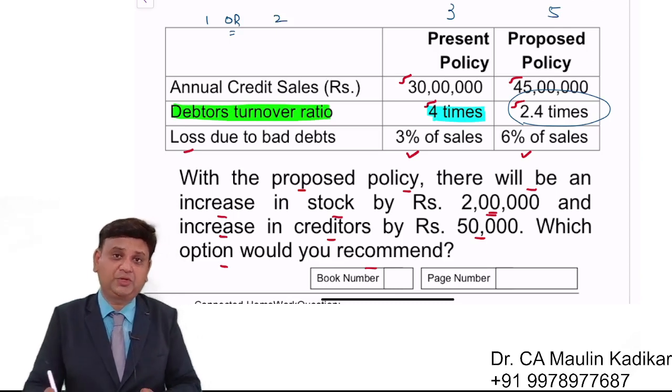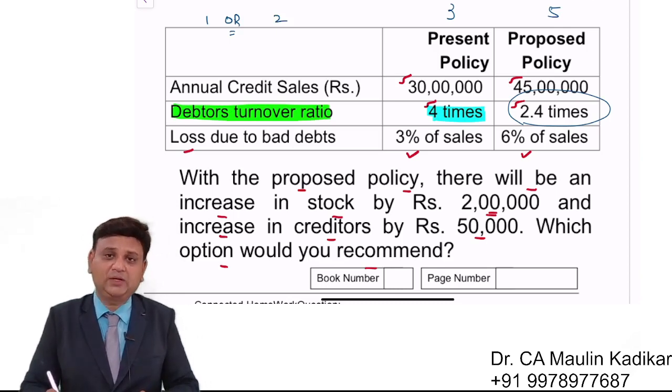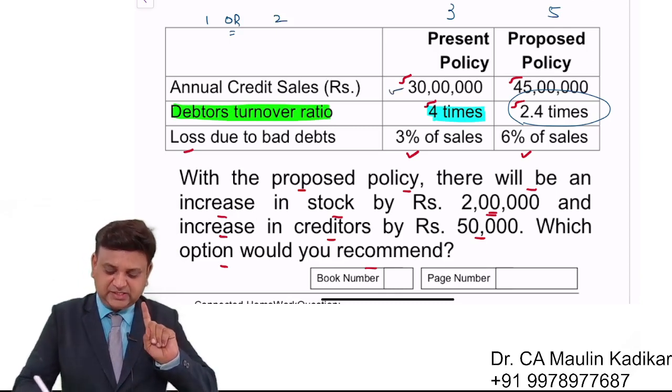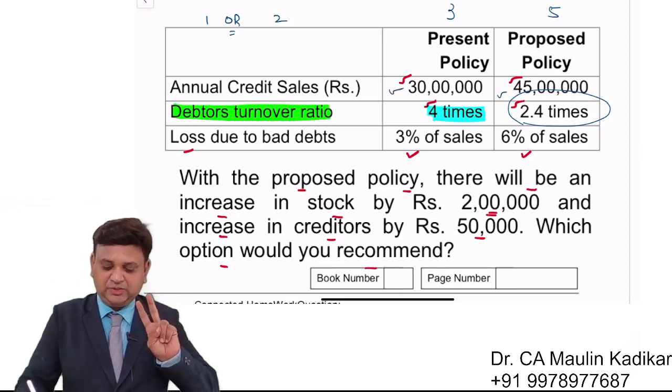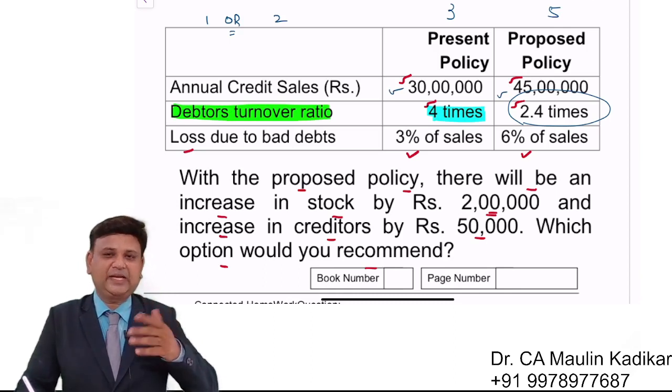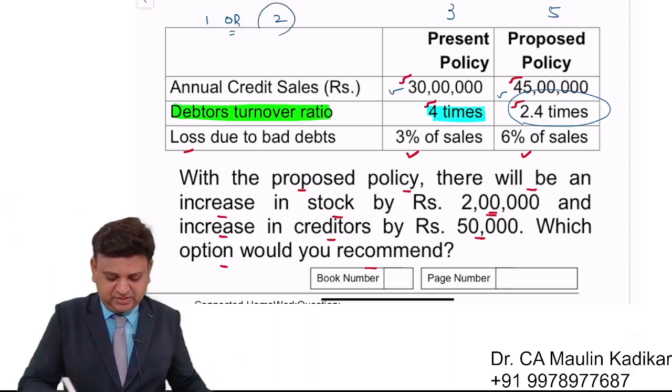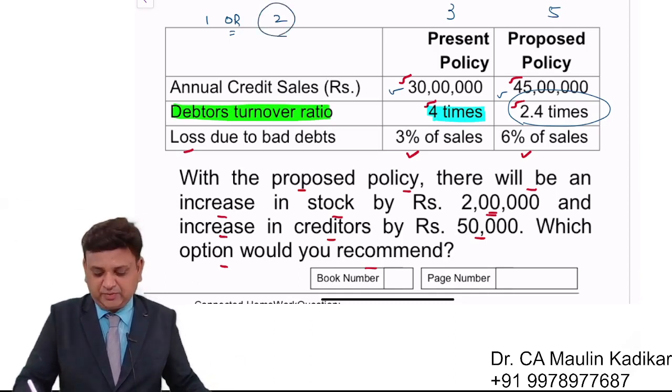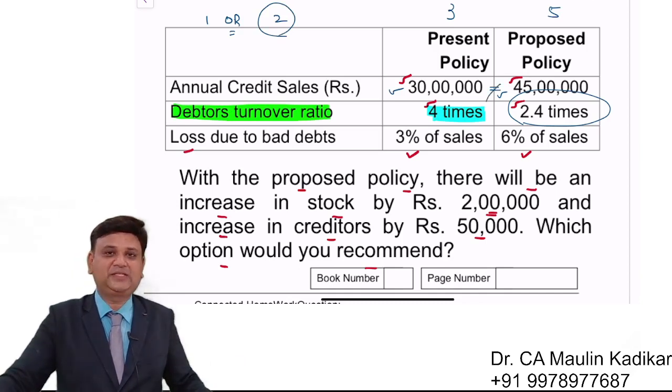We cannot do it by the third one. The first method is possible because existing sales is given, new sales are given, and cost information is given, variable cost is given. The second method is possible in all questions. But the third method is not possible because existing and new sales are not the same.